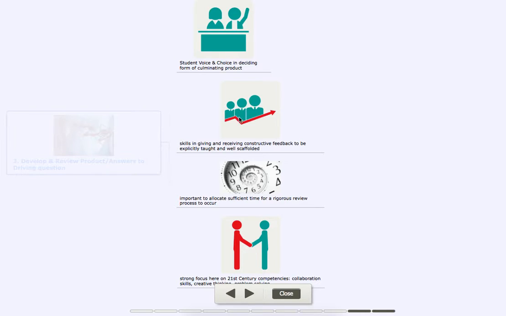Very much as part of the key elements of PBL, being able to give and receive constructive feedback at this point is really important. And depending on the year group that you're teaching, you might be able to scaffold this really well. If you've got a stage 3 or stage 4 class, they might need some procedures or some type of protocol when it comes to sitting down as a group and talking things through.